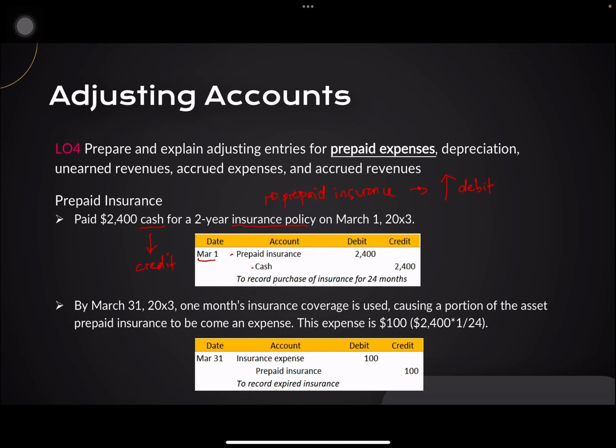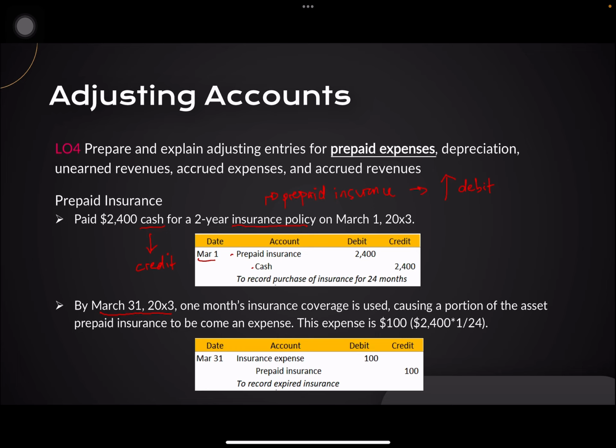So what we need to do by the end of the month, specifically on March 31, is understand how much of the prepaid insurance has already been used, and how much we should recognize as an expense.